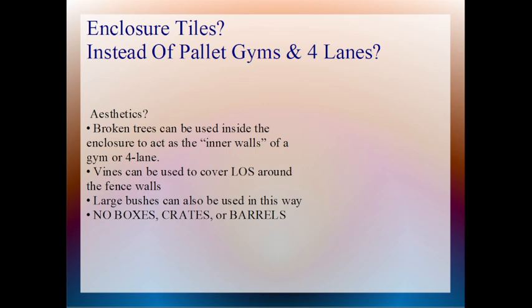So my idea is we take some of those elements, so you can have openings in the tiles that are like broken areas where the wires are, you can have trees that have fallen into the enclosure. That might give you the layout of a pallet gem or 4 lane without it looking like a pallet gem or 4 lane.